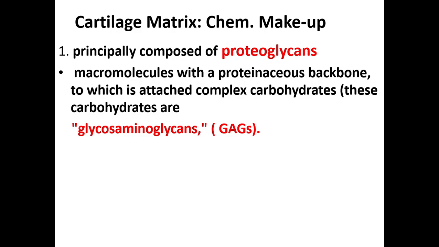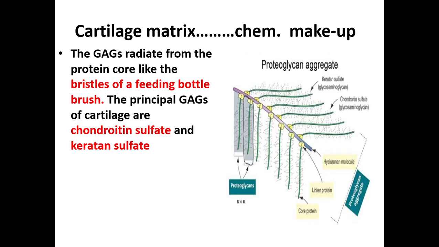Under the microscope, the morphology of the matrix will appear like the bristles of a feeding bottle brush. The core part of the chemical substance will be protein in nature, and the bristles will be the GAGs made up of chondroitin sulfate and keratan sulfate.